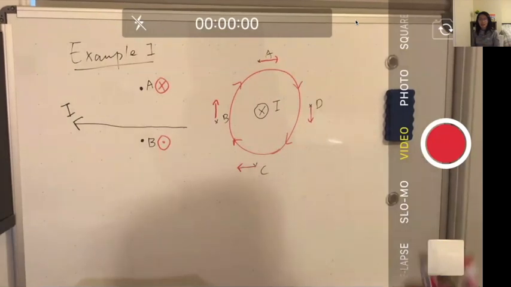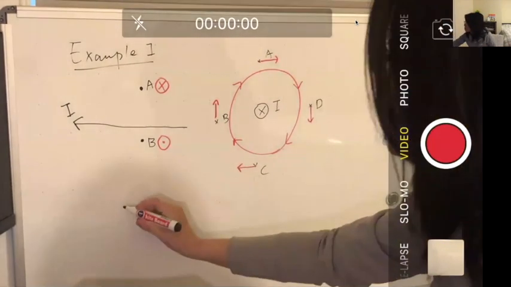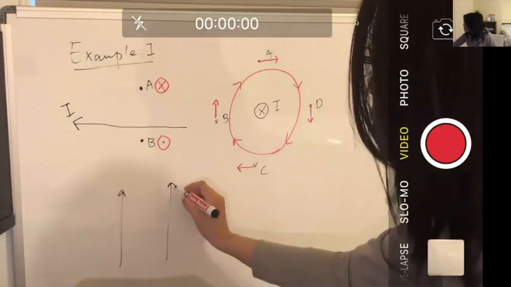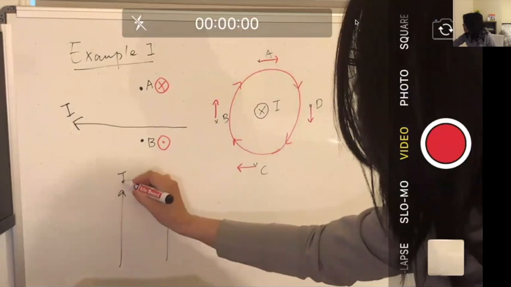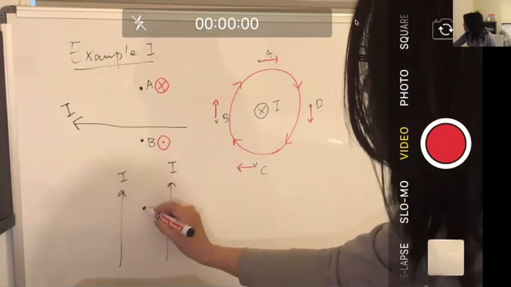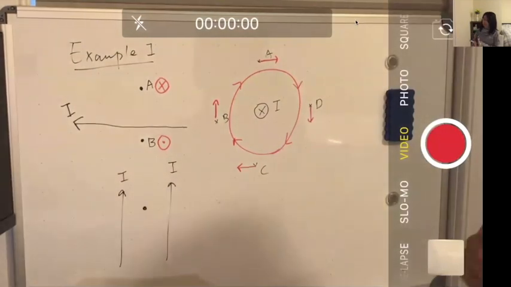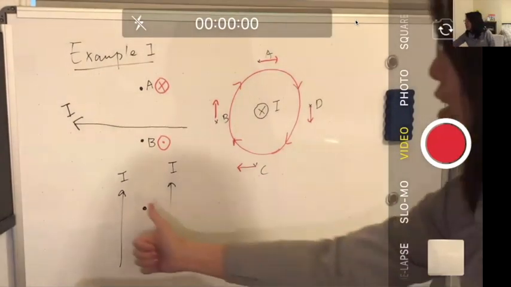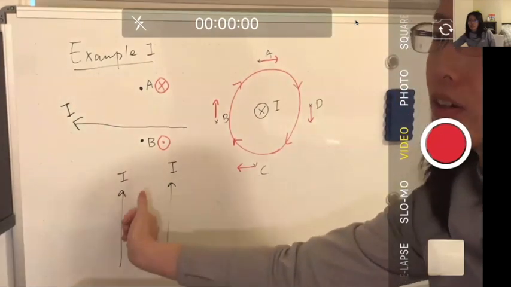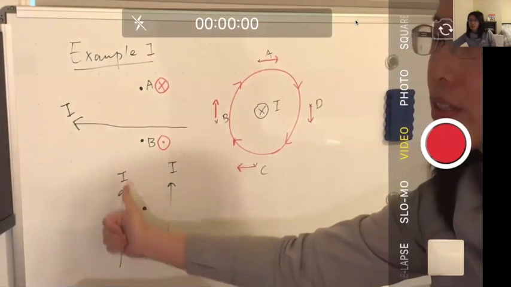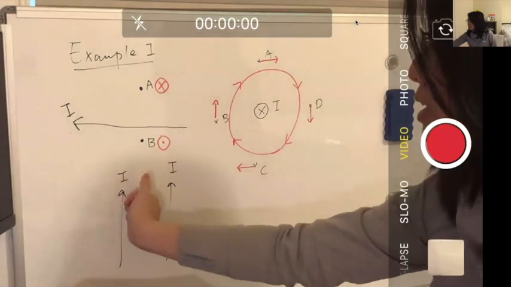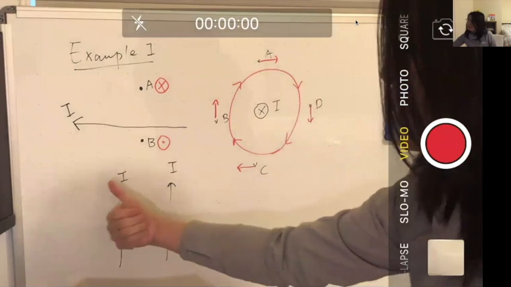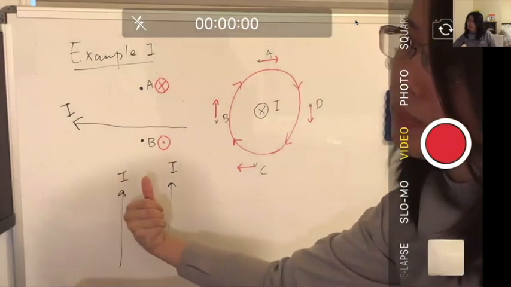And you can also elaborate this question to say if I have two currents, these two currents are the same. What's the magnetic field at the center? What's the direction of it? So let's see, if I have a current here going this way, then this current will create a magnetic field into the page at this point, right? It's curling this way, so it will be into the page at this point.